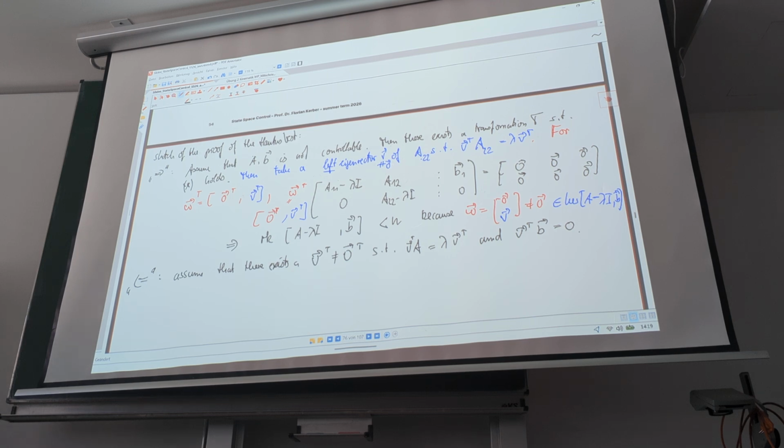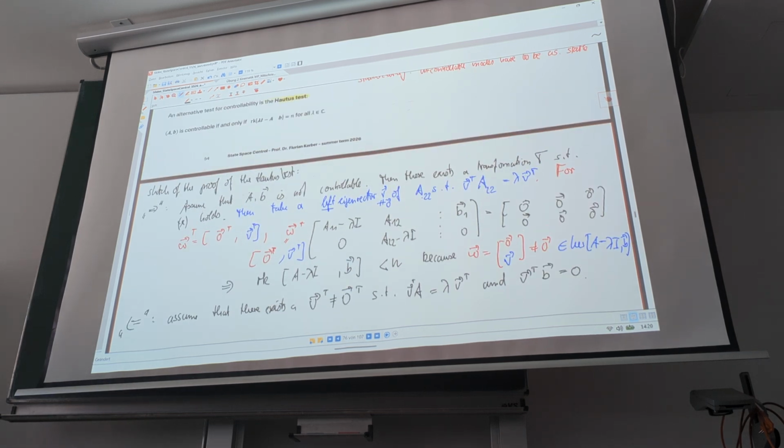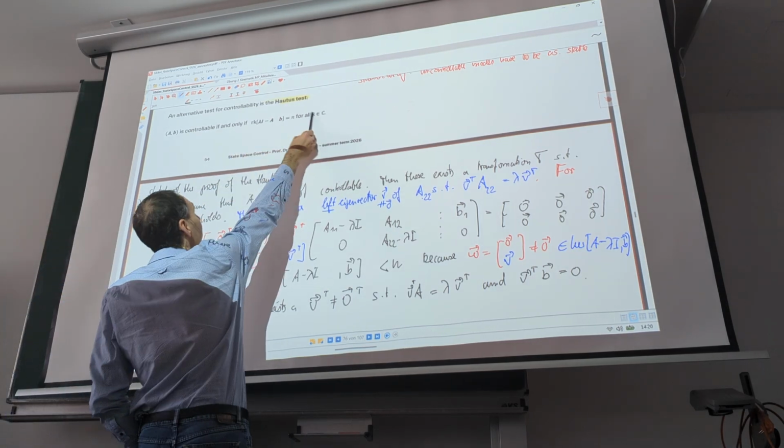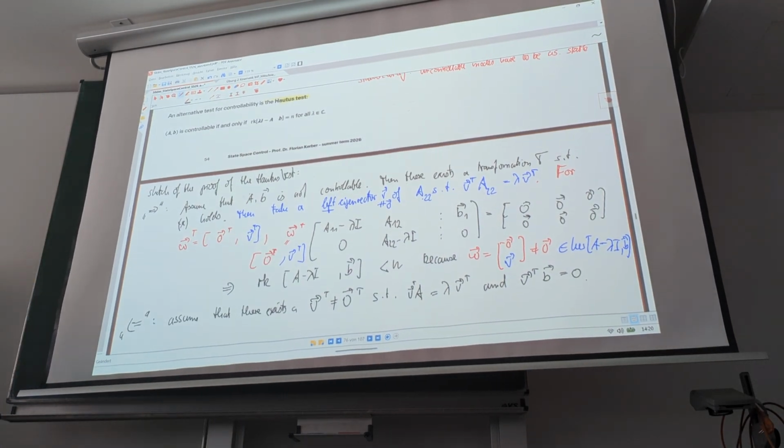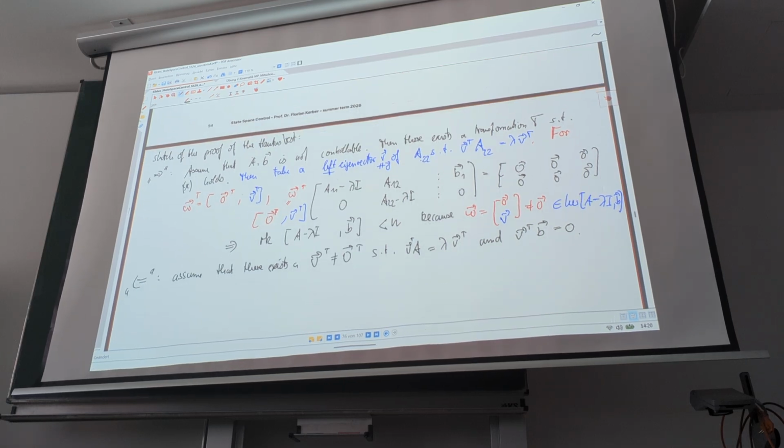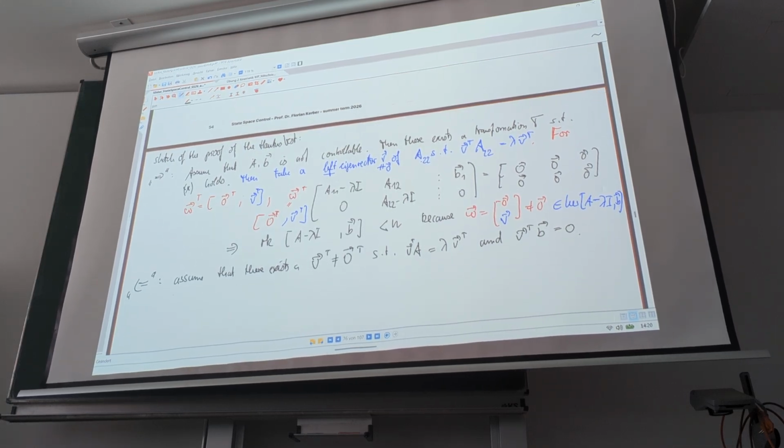Start with the assumption that this does not hold, so the rank is smaller than n, and thus I can find such a vector. Then the controllability matrix.